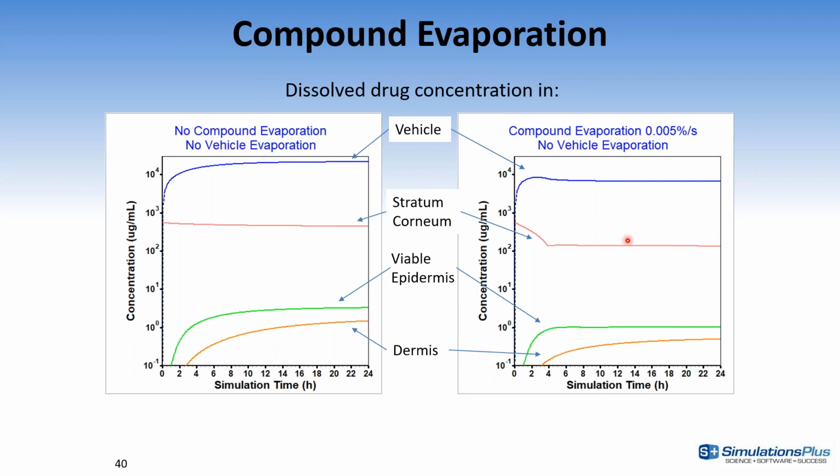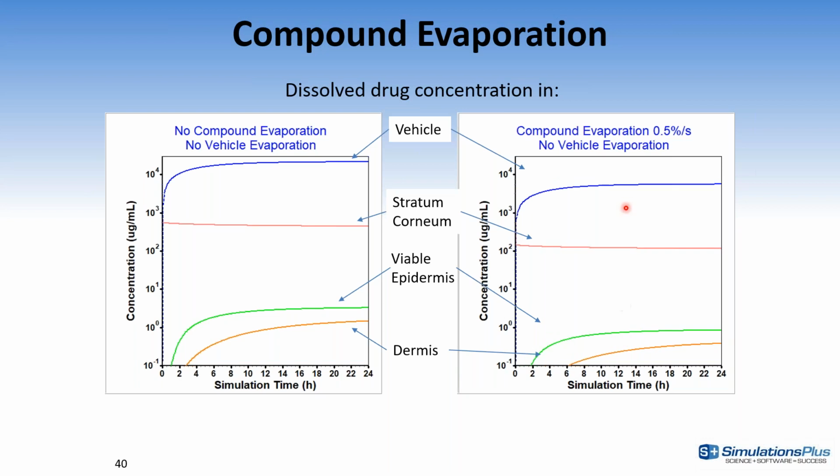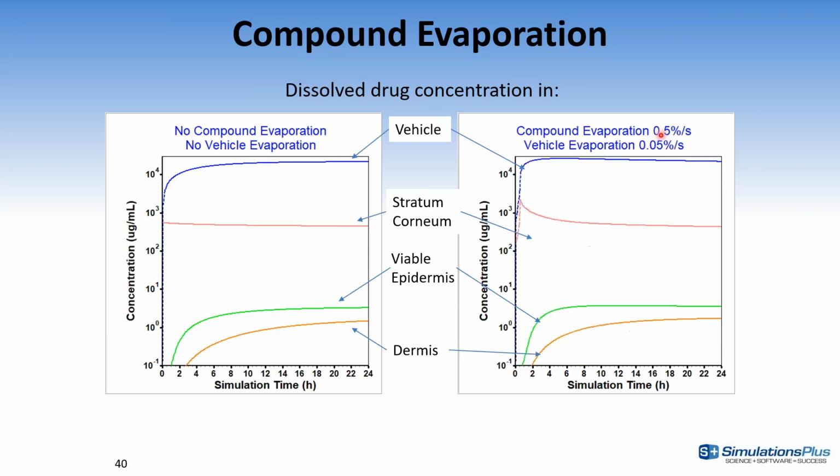And on the right, just changing some of the sample scenarios. If we account for slow compound evaporation, right? If the evaporation is slower than dissolution, we'll go through this little maximum in the vehicle concentration, and that actually affects how the drug is getting into the stratum corneum and the other skin layers. If we speed up compound evaporation so that it becomes about the same rate as the dissolution, the shapes of the profiles will be similar to no evaporation, but everything will be lower because we are losing the compound quite quickly from the surface of the skin.